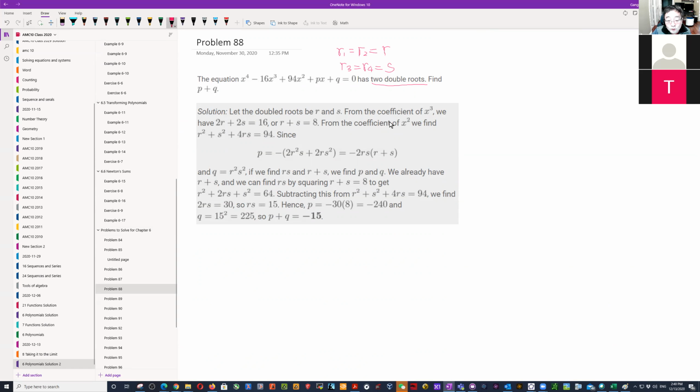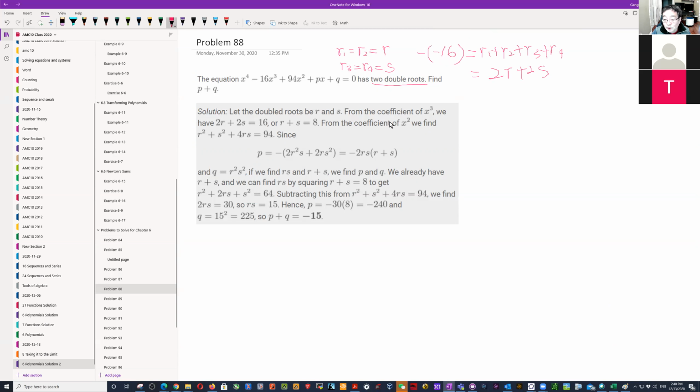If we add all the roots together, because this is monic, the negation of negative 16 is equal to root 1 plus root 2 plus root 3 plus root 4, which equals 2r plus 2s.